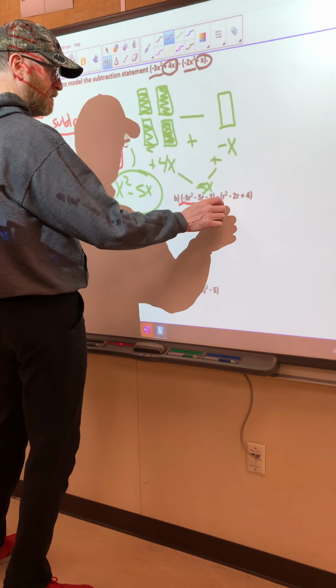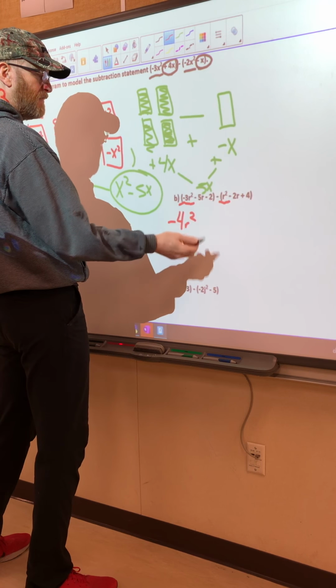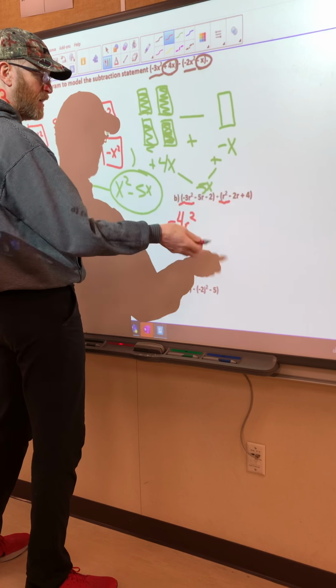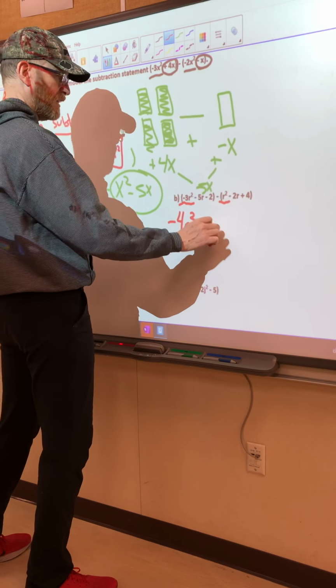Take away negative 2r, seeing as a positive. So I think negative 5 add a positive, or take away cold weather, get warmer. Minus 3r. Okay. And then negative 2, take away 4 more. So you're at negative 2 and you subtract warm weather, go down colder, negative 6.